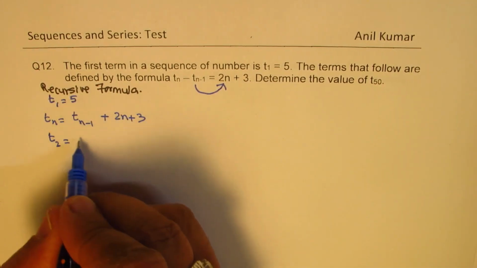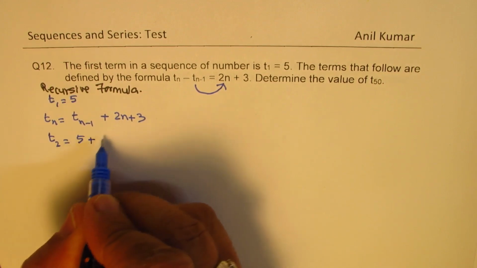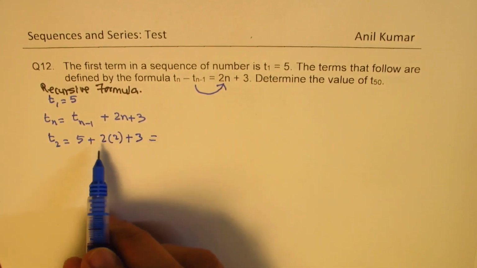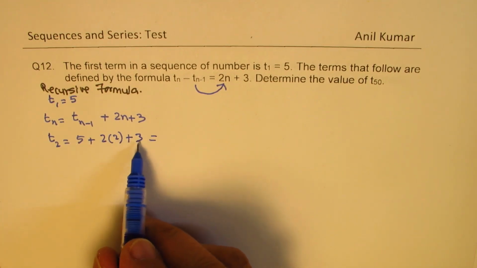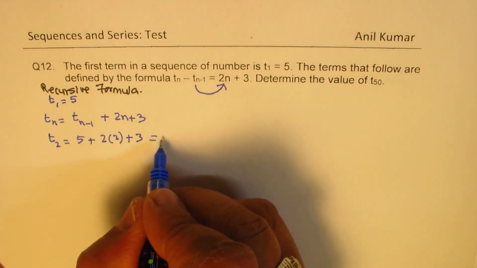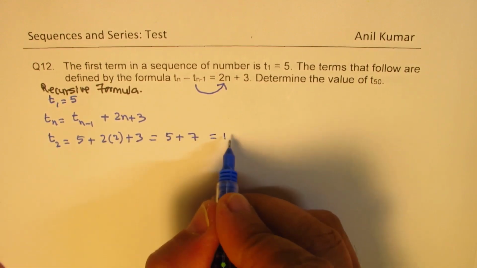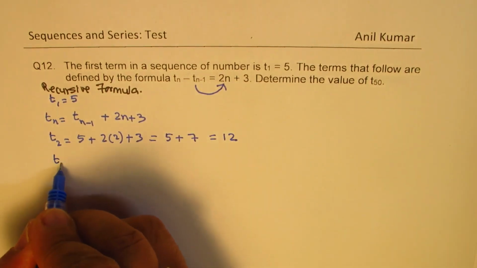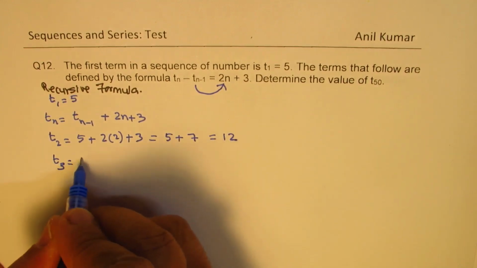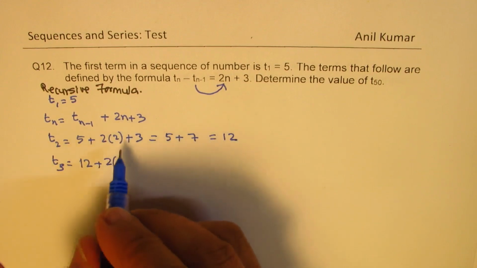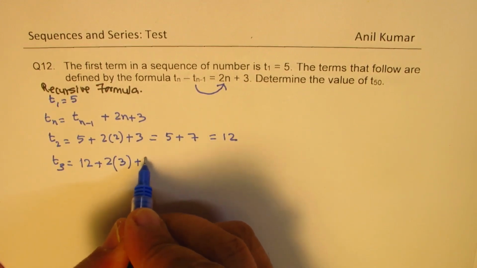So t1, which is 5, plus 2 times 2 plus 3, which is 2 times 2 is 4, 4 plus 3 is 7, right? So we get 5 plus 7, right? Which is 12.